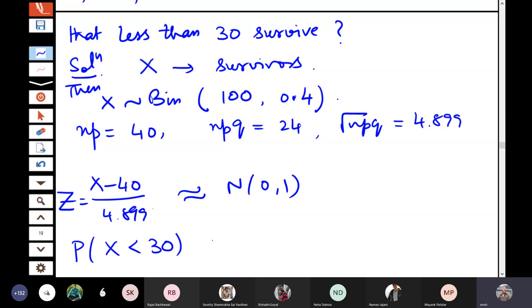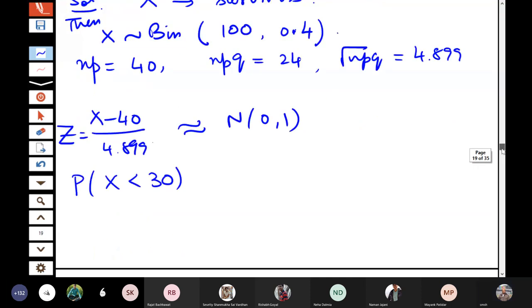Because we are approximating a discrete distribution by a continuous distribution, this creates another kind of problem. In the discrete distribution, probability that X is less than 30 and probability X less than or equal to 30 are not the same.